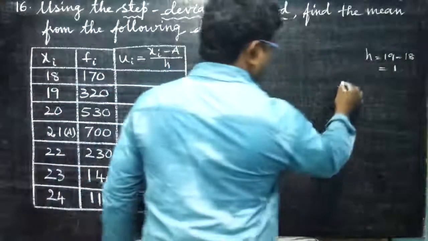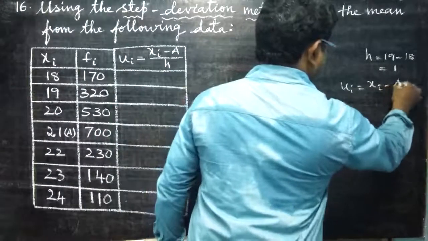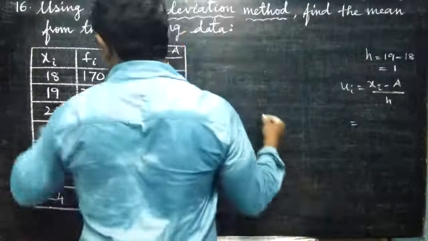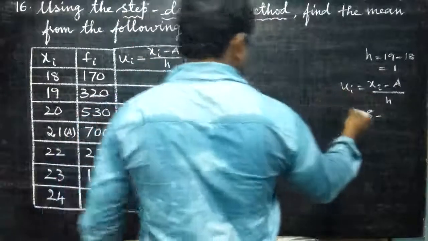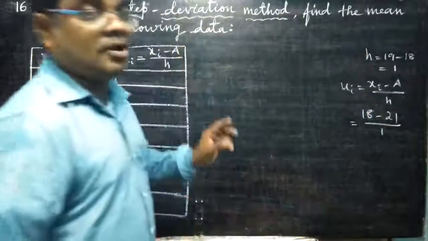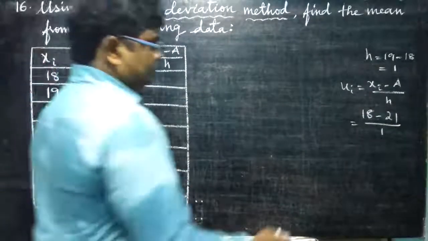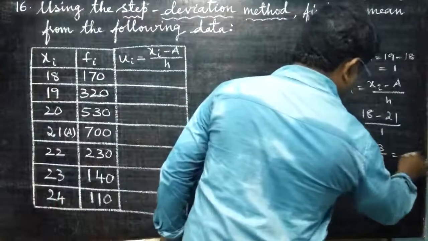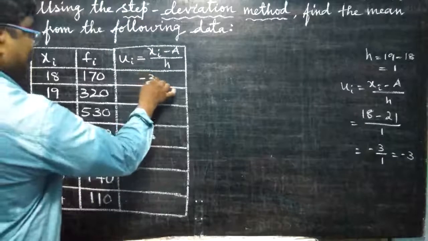Now how to find ui? I'll tell clearly. xi minus a by h, I told you. xi means 18. A we thought as 21. And here h we got 1. In the before problem, 50 was the difference. Now minus 3 by 1 means minus 3 only. So this much working is there.